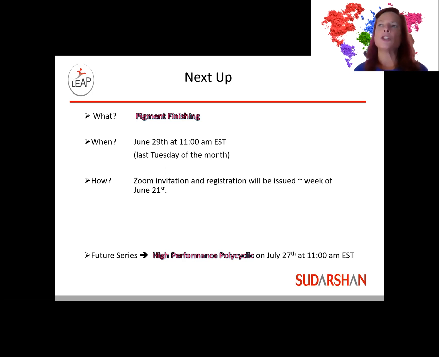That will be held in June on the 29th, and look for the invitation to come out the week of the 21st of June. And then in July, we will jump back into pigment chemistry and look at the remaining high performance pigments in the polycyclic area.